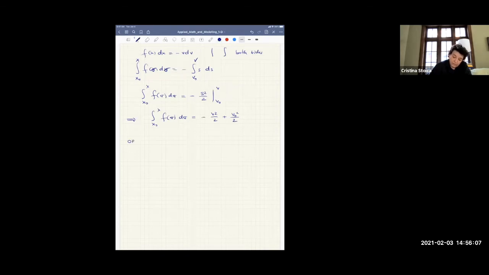Or we can write it like this. That's one way to write it. So here is the integral of f of sigma d sigma equals v squared over 2.